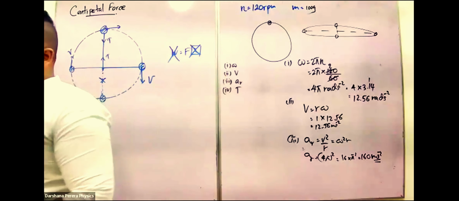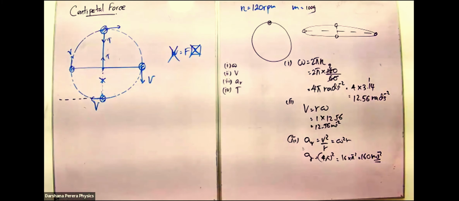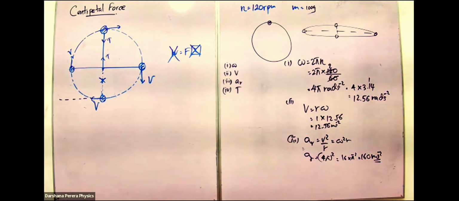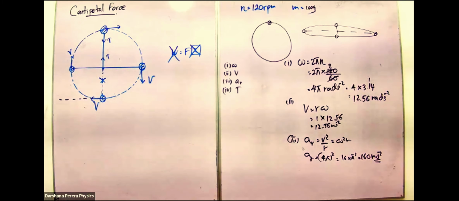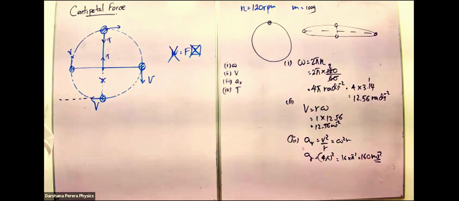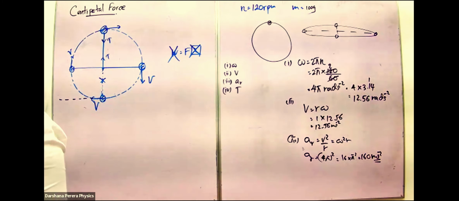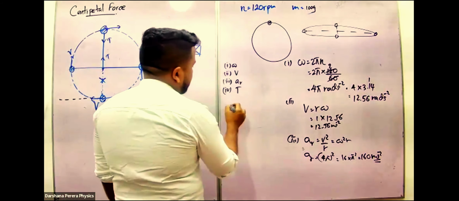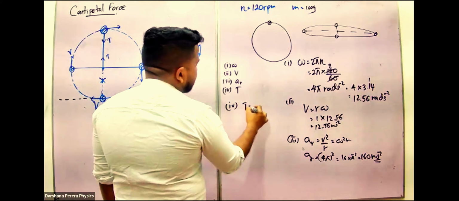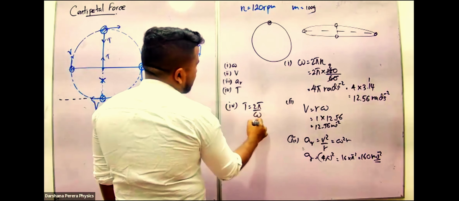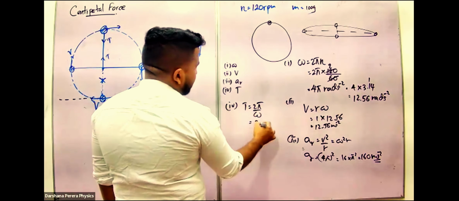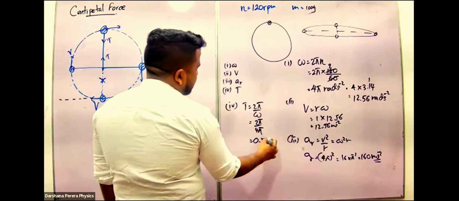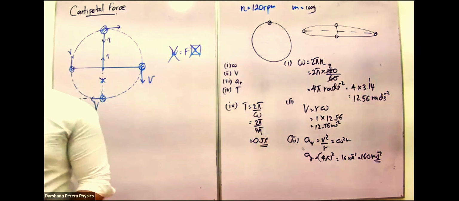We can take pi squared as 10. Right. Number four, find the period of motion. T equals 2 pi over omega. Omega we know is 4 pi, so T equals 0.5 seconds. That's okay. Right.